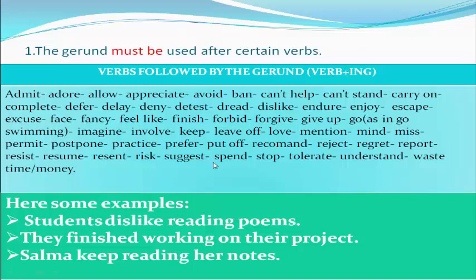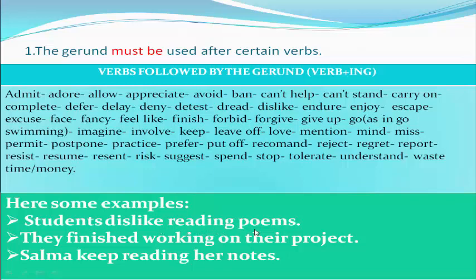This is the gerund form, and we have the verb dislike, which is here in the list of the verbs followed by the gerund. When we have dislike, we must conjugate the second verb in the gerund form, which is, as we have here, reading poems.